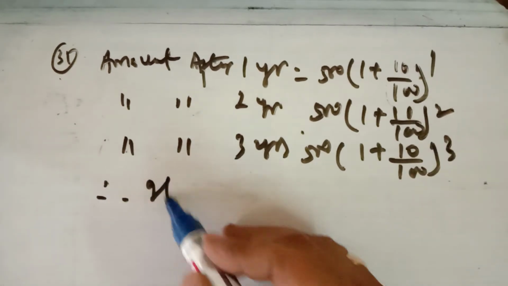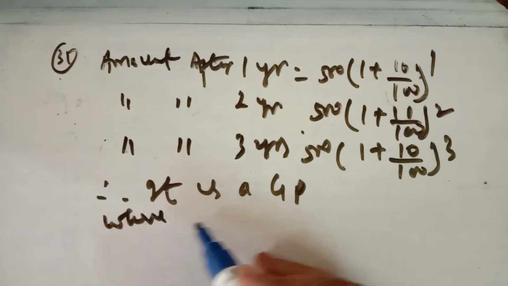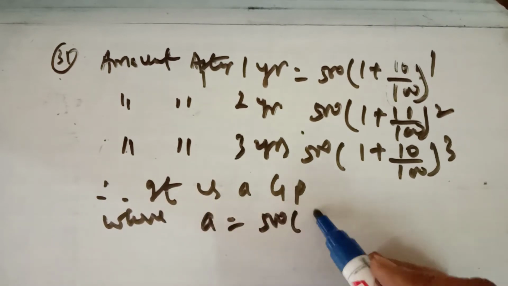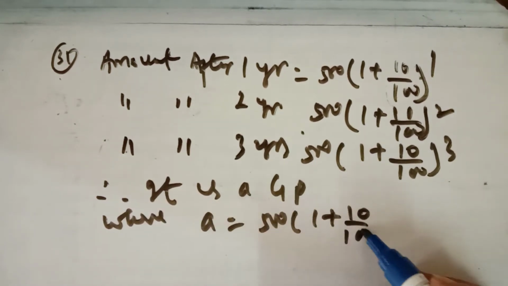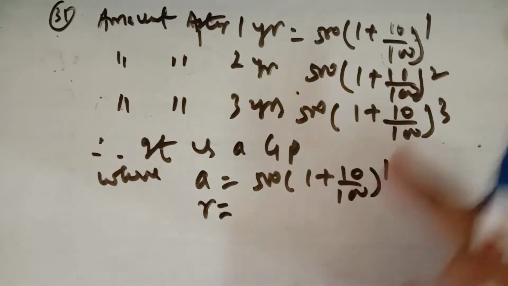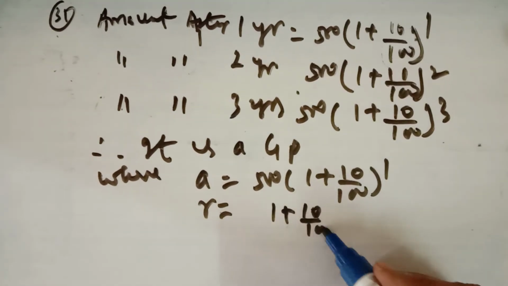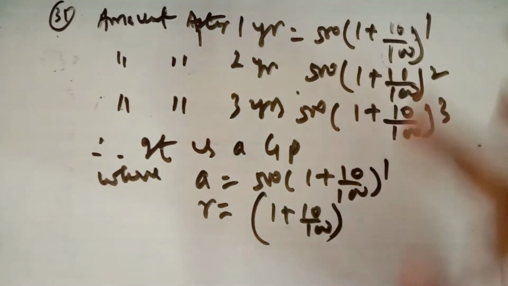So therefore it becomes a GP, geometric progression, where the first term is 500 into (1 + 10/100) to the power 1. And if you find the common ratio, when you divide this by this, you'll get 1 + 10/100. The common ratio comes from dividing this by this.